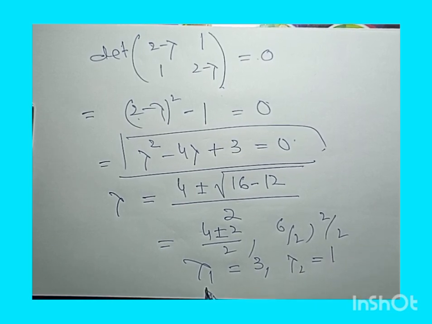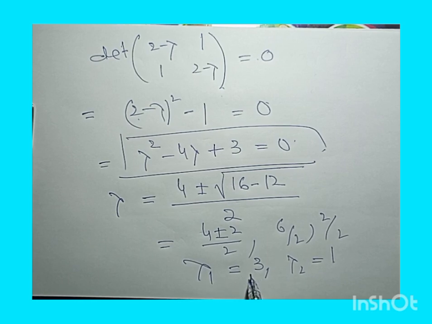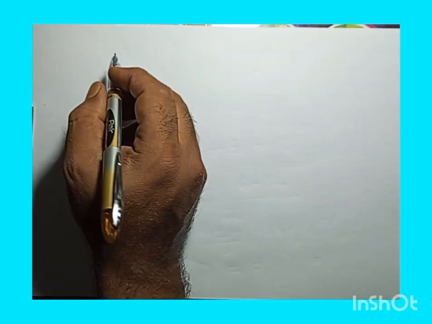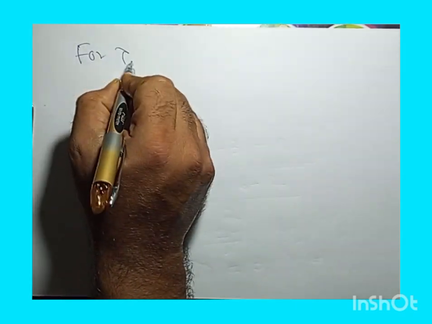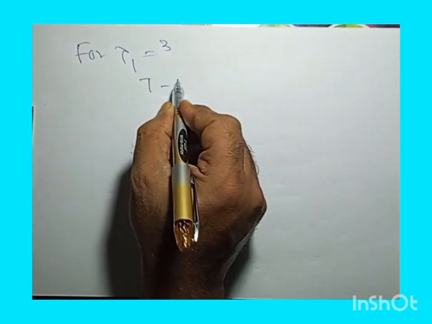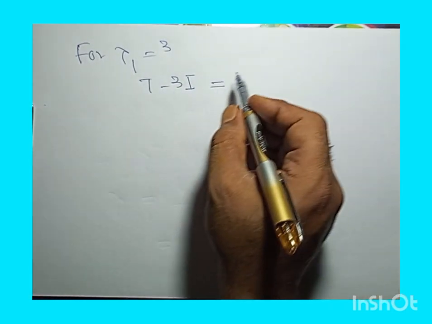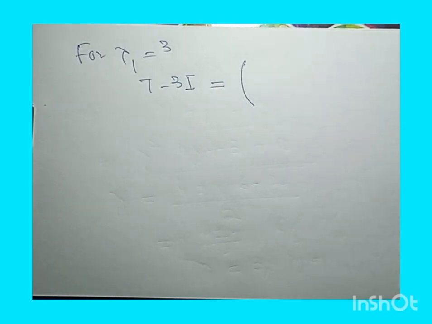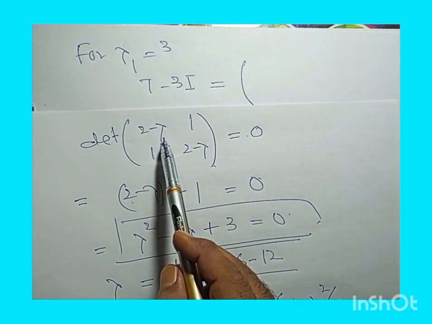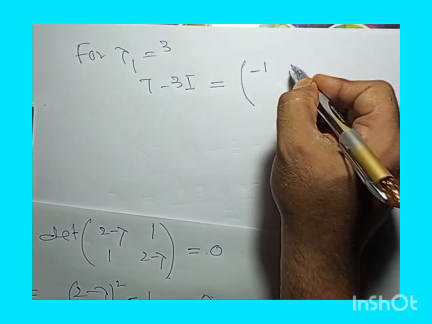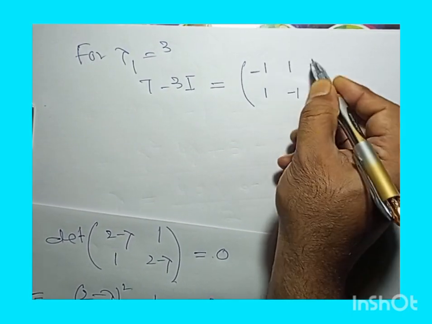Now let's go with lambda 1. We will use lambda 1 equal to 3 in our equation. For lambda 1 equal to 3, we have T minus 3I. T we know, so using lambda 1 equal to 3, this is 3 minus 2, which gives me minus 1, 1, 1, and minus 1.